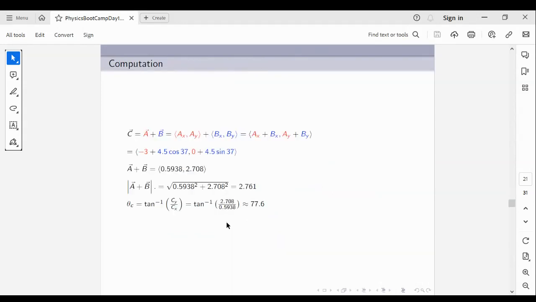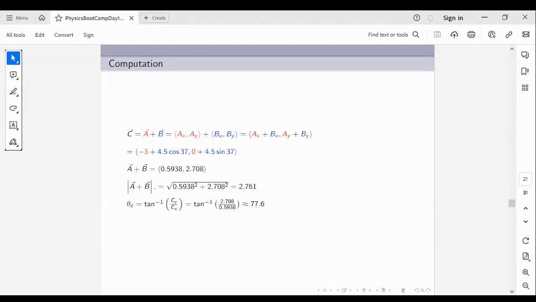And when you punch that into your calculator, you'll get these numbers, these magnitudes, and these angles. I'm sorry about that.